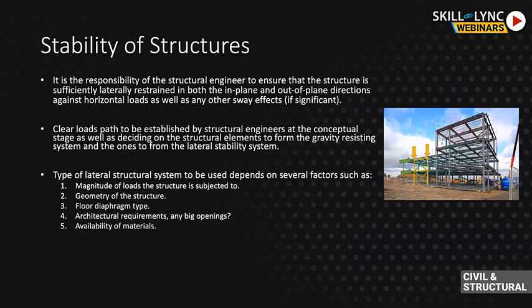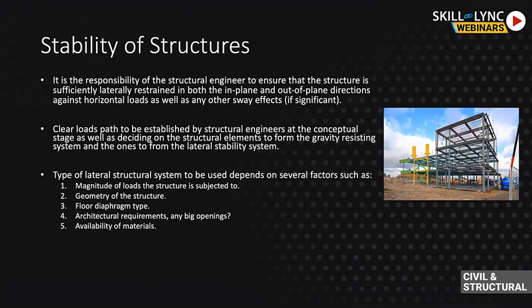It is the main responsibility of the structural engineer to ensure that the lateral stability system that they choose is stable, robust, and safe. So if you imagine you have a square or rectangular building on plan, you need to provide a lateral stability system in both directions, so in the X and Y. And this is what I'm referring to in the first bullet point as in-plane and out-of-plane directions.